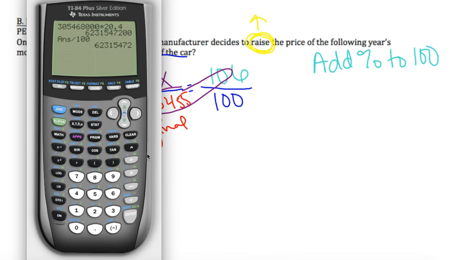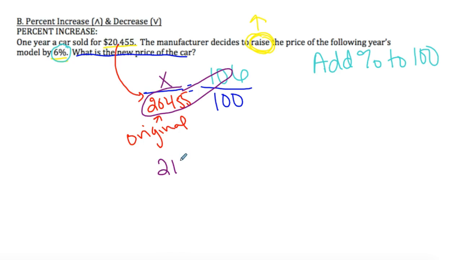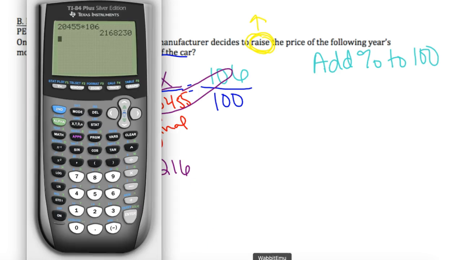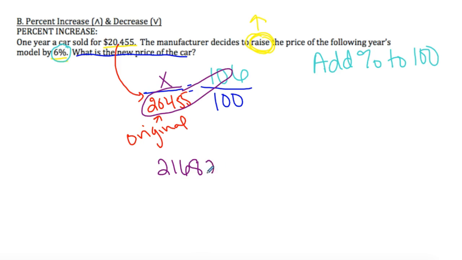So 20,455 times 106 would be 2,168,230. And that would equal 100x.